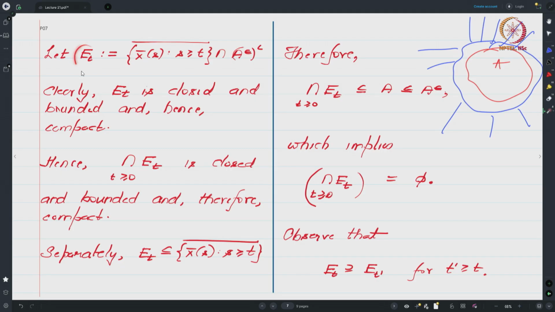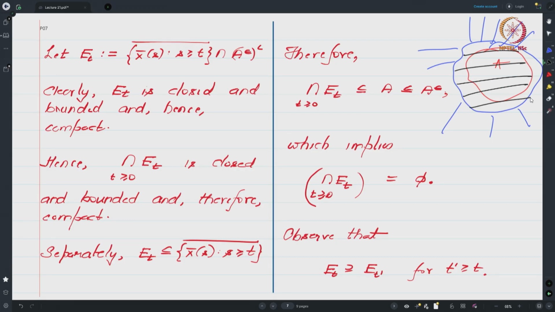If we somehow manage to show that ET is empty for all sufficiently large t, we will then be able to show that this set has nothing in common with A epsilon complement, hence this set must actually be within A epsilon. So A epsilon is this part over here, the black part.